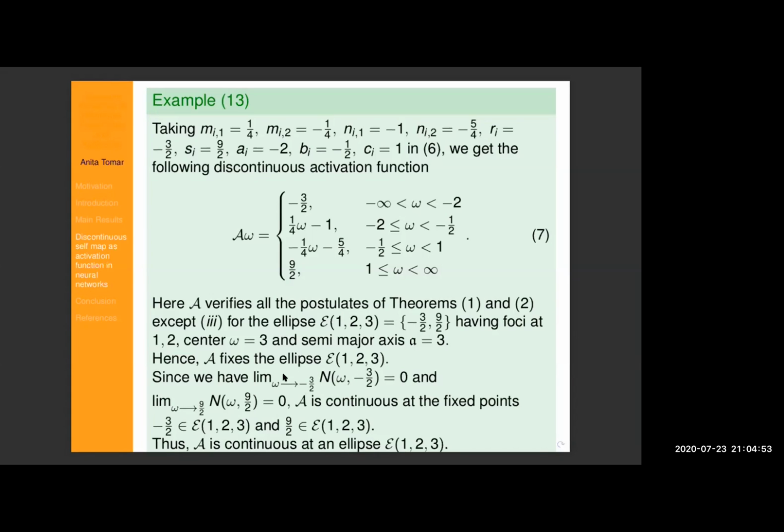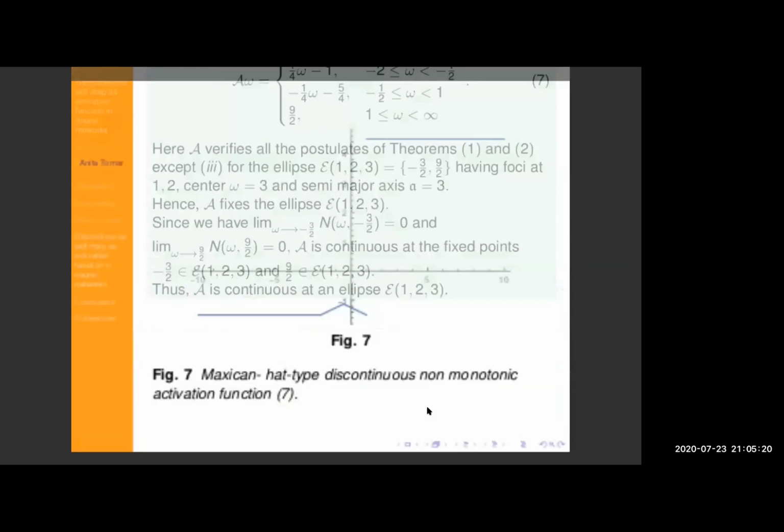So if we calculate the limit of N(W, -3/2) as W tends to -3/2, it will come out to be 0. And if we calculate the limit of N(W, 9/2) as W tends to 9/2, it is also equal to 0. It means A is continuous at the fixed point -3/2, which belongs to this ellipse, and 9/2, which also belongs to this ellipse. It means the function is continuous at the ellipse.